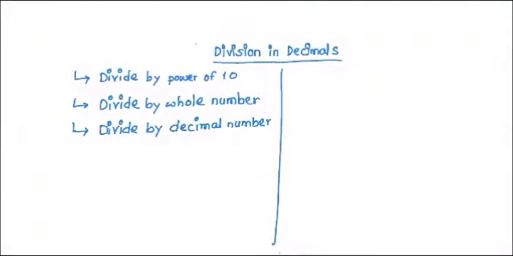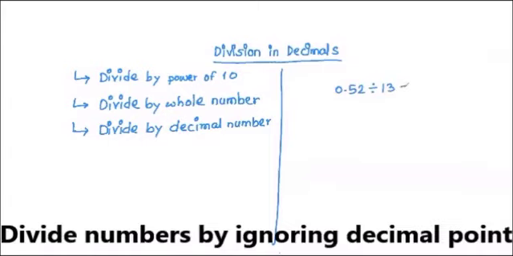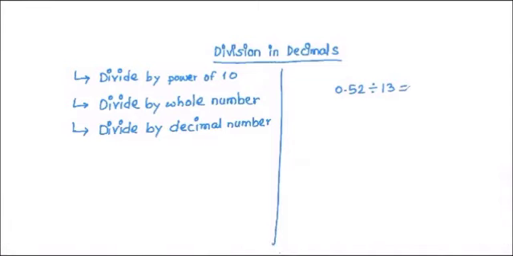Let's now look at dividing the decimal by a whole number. Let's take an example. 0.52 divided by 13. Now the step 1 is to divide the numbers ignoring the decimal points, which means we will ignore the decimal point in our 0.52 and 0.52 will become 52, and we'll divide 52 by 13 so that we get answer 4.